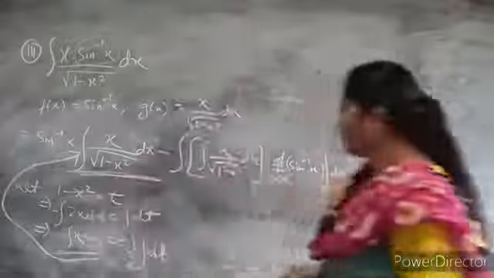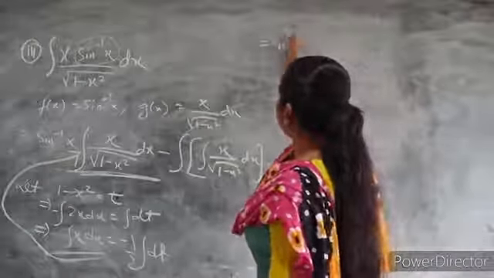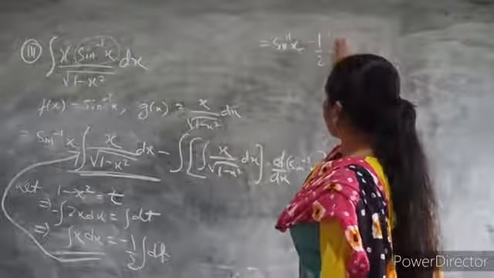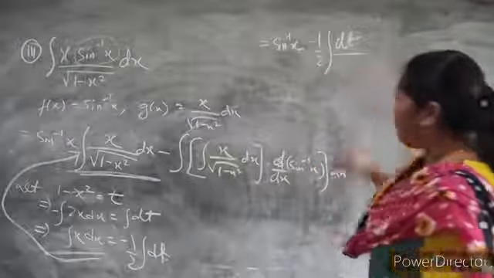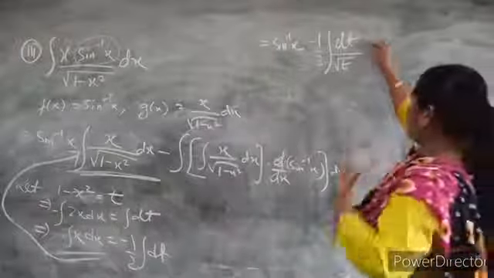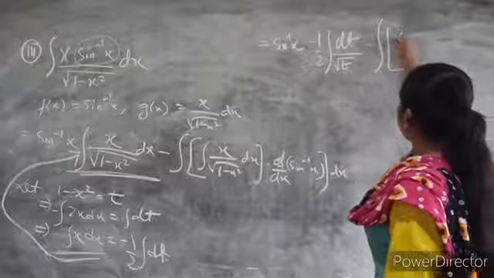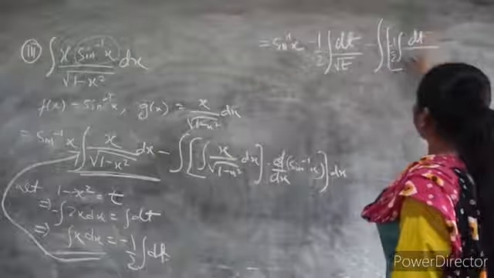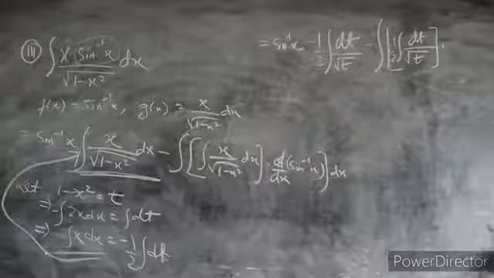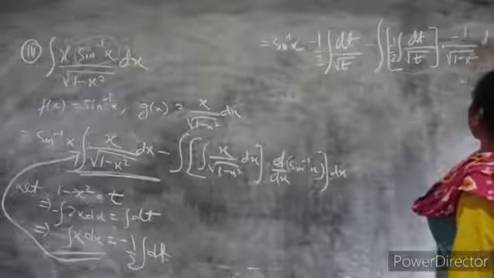So applying the substitution, this will be sin inverse x into minus 1 by 2 dt upon root t, minus outside integration, inside will be minus half dt, same part we have to write, and d/dx of sin inverse x, which is 1 by root over 1 minus x square dx.